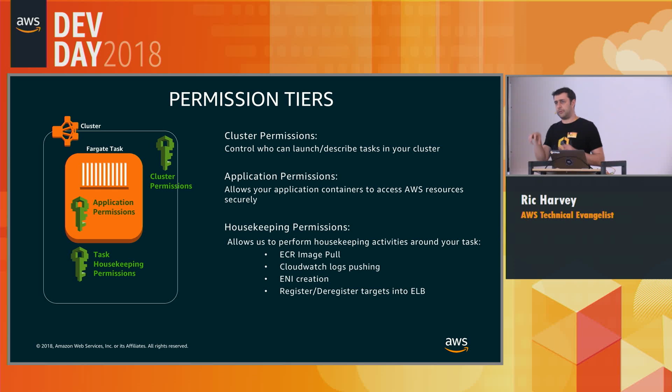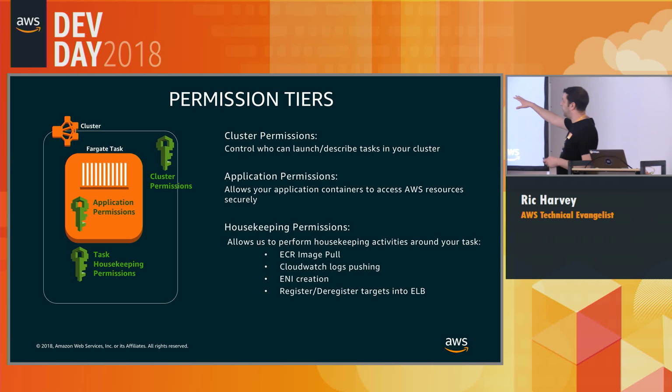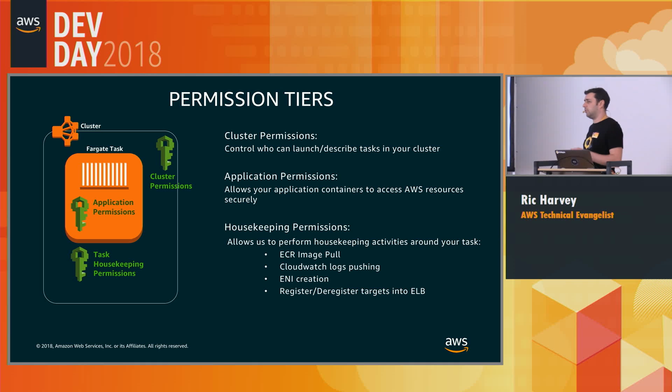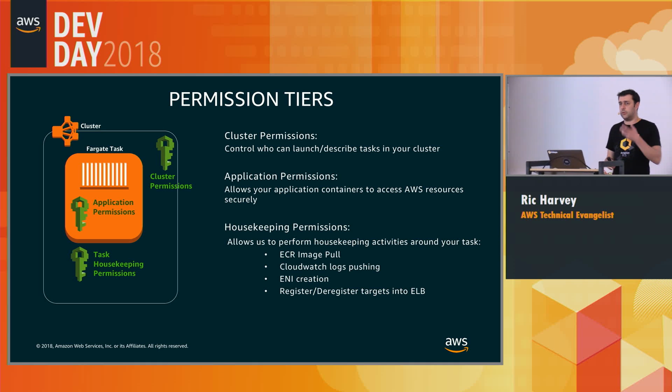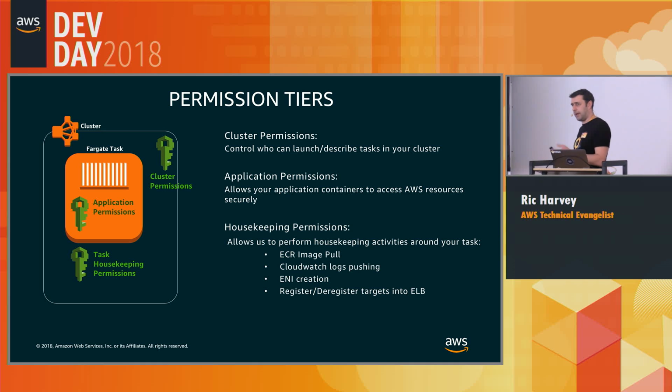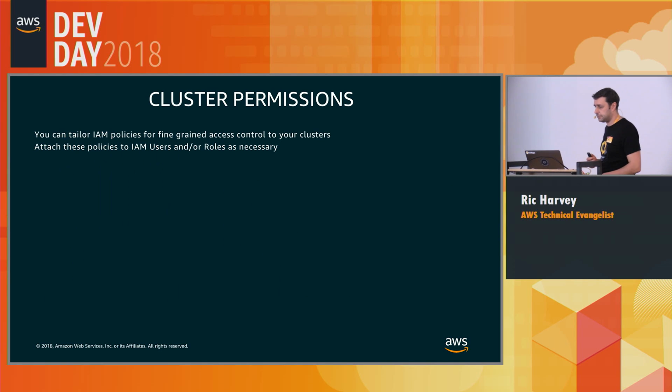This is to allow the Fargate host that we create and manage in the background for you to reach in and do things like pull your images from your ECR and push to your CloudWatch, create elastic network interfaces in your account. That's what these permissions allow Fargate to do. It also allows it to talk to the load balancers.